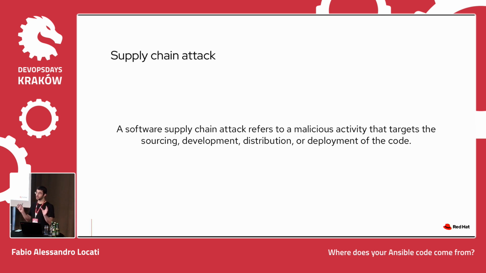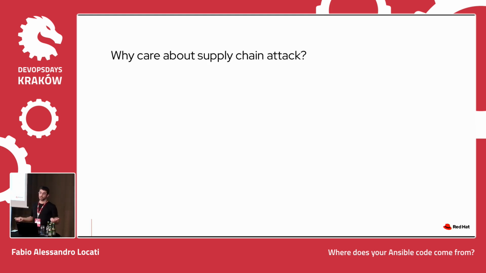So as you can see from this definition, we are not talking about a malicious activity against one specific point, but more in the chain, in the movement of code from one step to the following step. So this is a very critical aspect of supply chain security, and this is going to be the focus of today's talk.